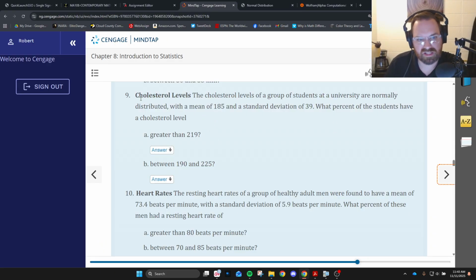Let's take a look at question number 9. The cholesterol levels of a group of students at a university are normally distributed. Usually when you read scientific studies, it is crucial to understand the distribution of the population or sample group they're studying.